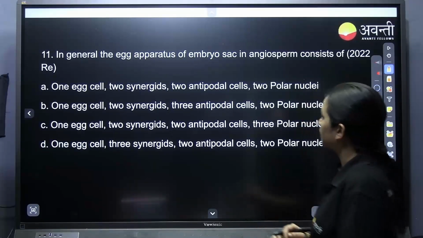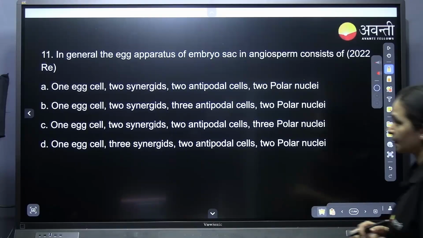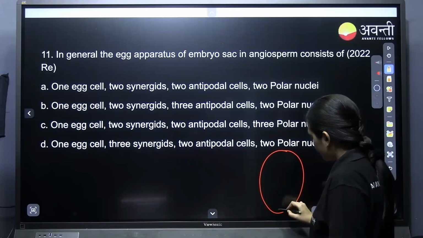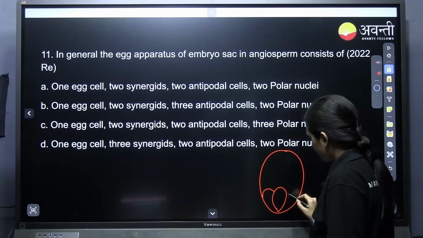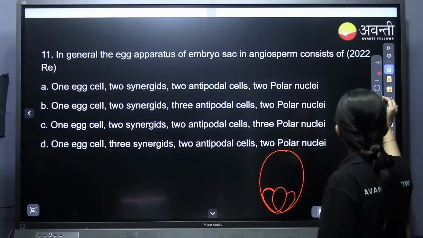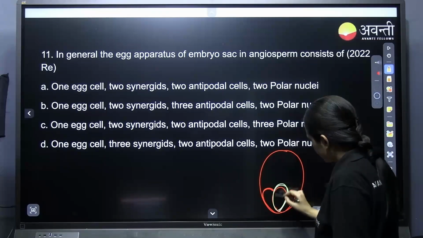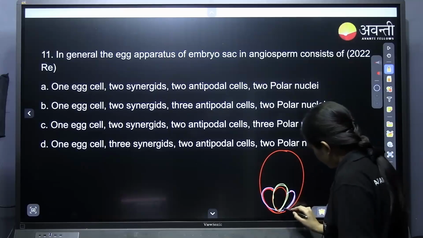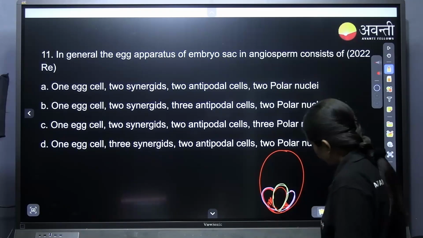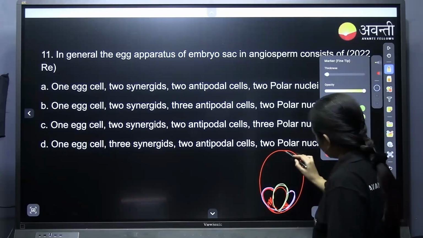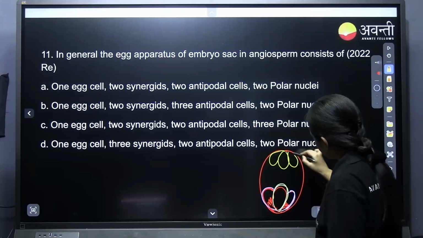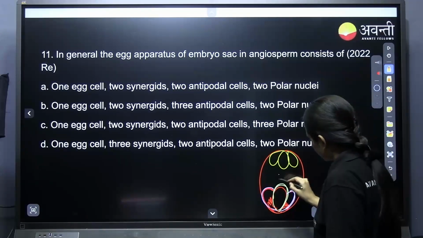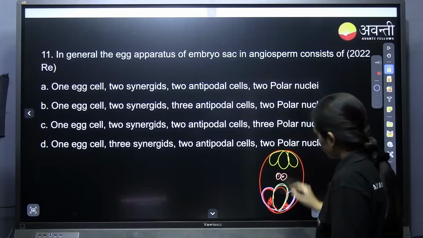In general, the egg apparatus of the embryo sac in angiosperms consists of, tell me, if this is an embryo sac, we have 1 egg and 2 synergids, and we have the filiform apparatus in the synergids, and we have 3 antipodal cells and 2 polar nuclei.